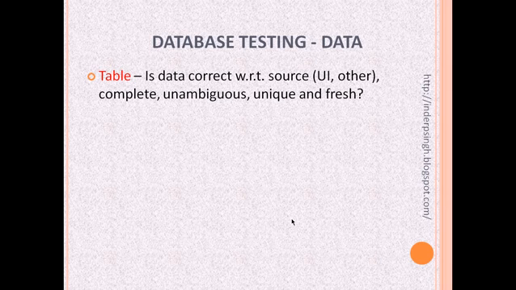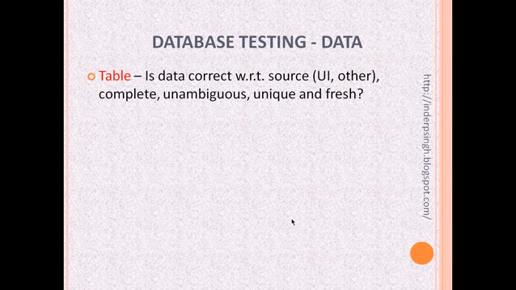Sometimes data can be loaded into your database by data migration from another source. Say the data came from a big XML file, or it came from another database, etc. We'll go into detail of database migration testing in another video, but whatever data is there in the table, we have to find that it is correct with respect to the source data.